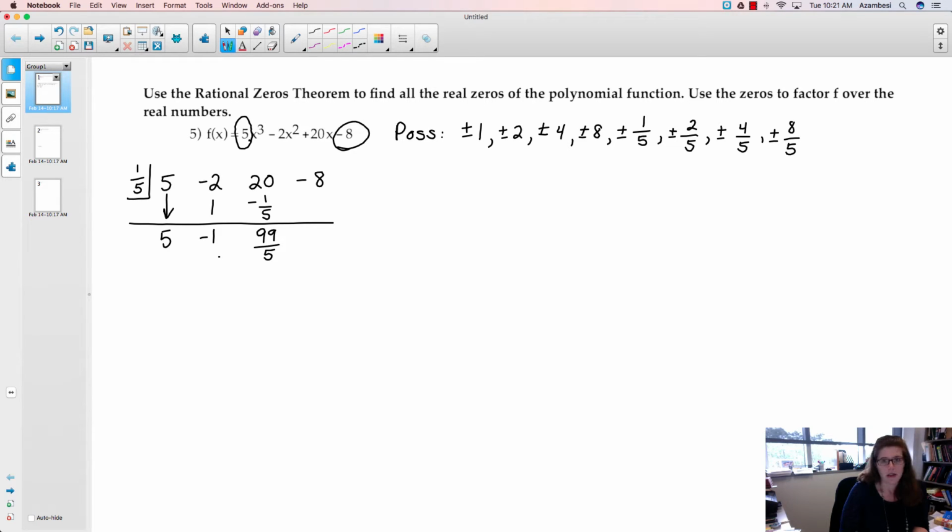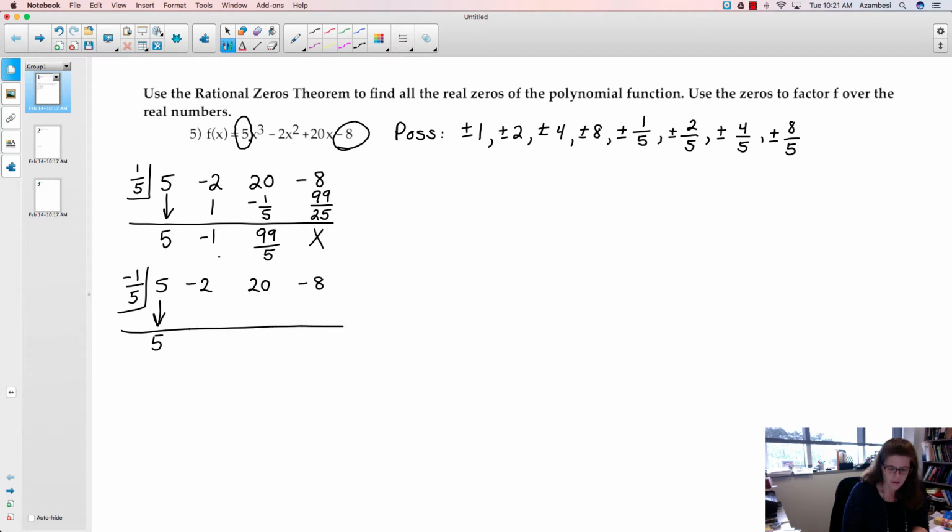All right, next part. What I'm interested in is 1/5 times 99 over 5 and whether that's equal to 8. So if I multiply those two, it's like multiplying the bottoms, and I get 99 over 25, which is not equal to 8. So I don't have 0 here. Looking at -1/5, 5, -2, 20, and -8.